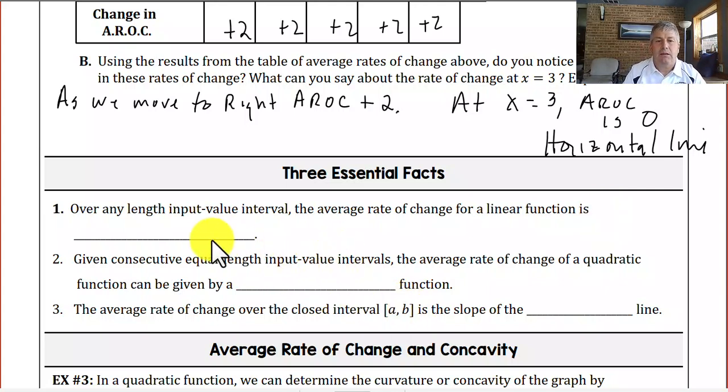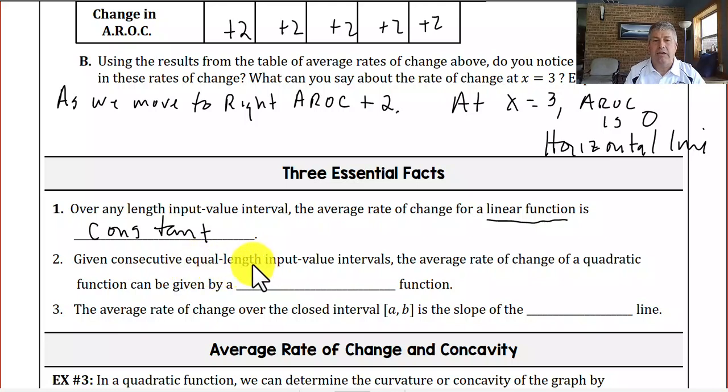Over any length input value interval, the average rate of change for a linear function is constant. That is constant.